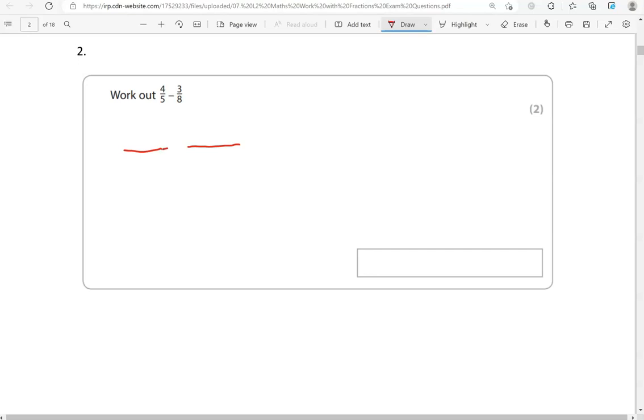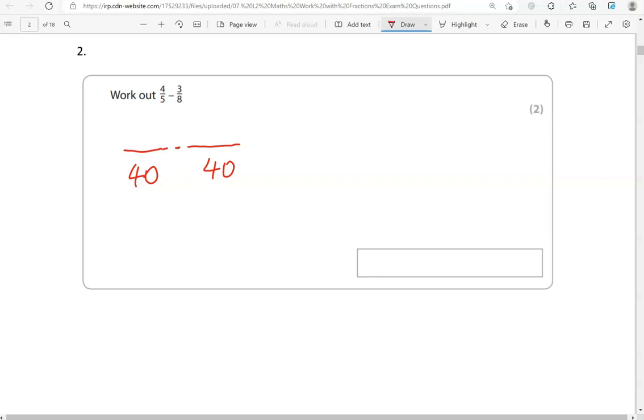A number that you can fit both 5 and 8 into without any remainders for both of them. And the easiest way to do that would be to multiply 5 by 8, which is 40. Because 5 fits into 40 8 times, no remainder. 8 fits into 40 5 times, no remainder.